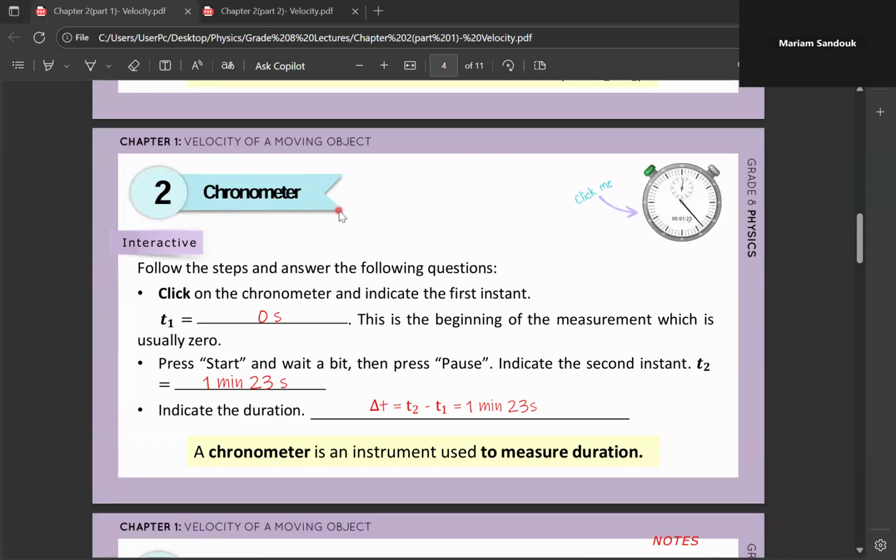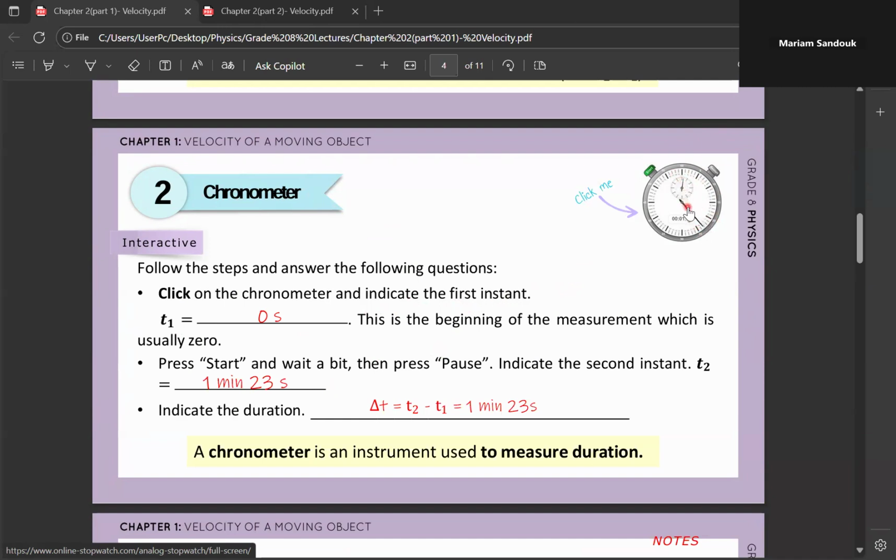The chronometer is like the timer in your phone. You select the timer on your phone and let the time flow. If we click on the chronometer, it indicates 0 now.